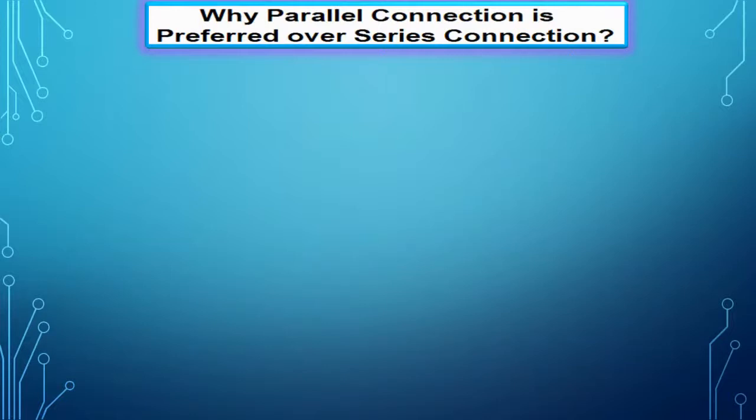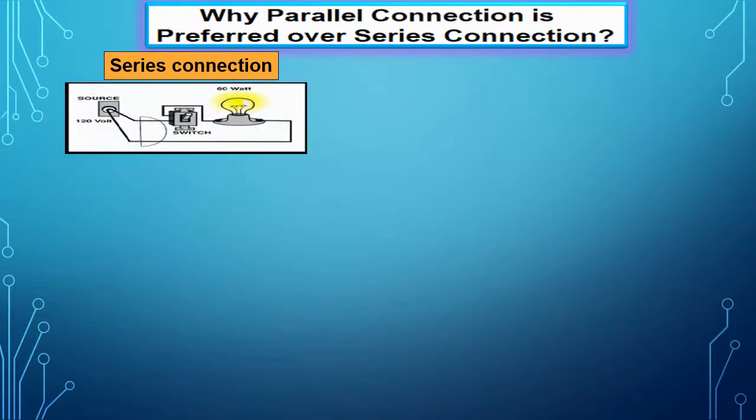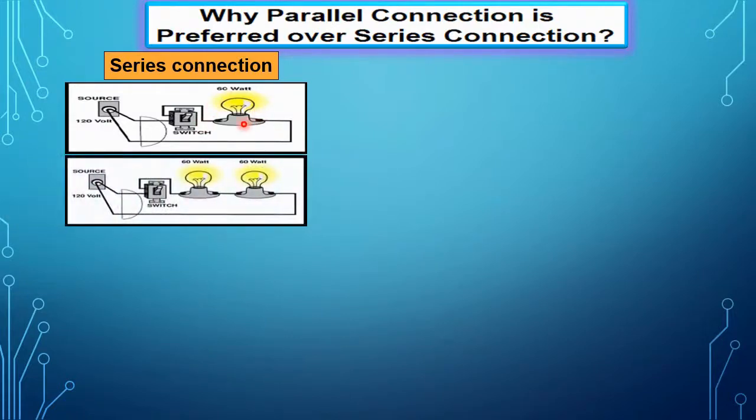You can see here in the picture, one bulb is connected in series. In the second picture, you can see two bulbs are connected in series. They will give less light than if they had been connected individually.